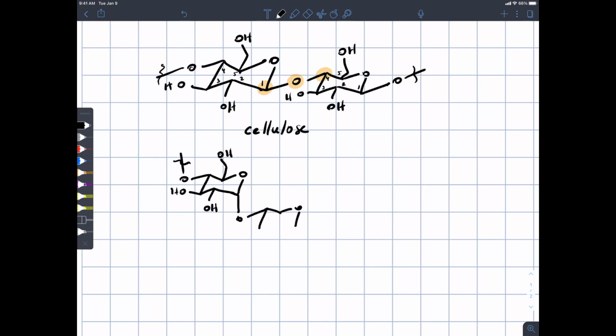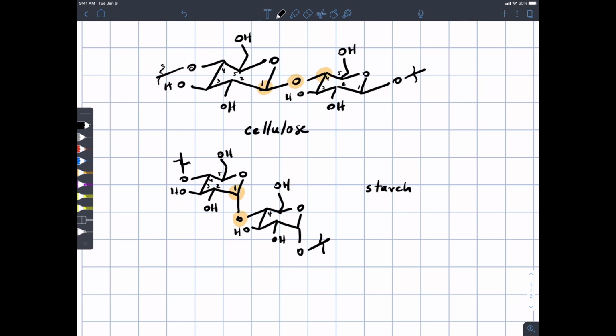Now, instead of being connected through an oxygen that is equatorial with respect to both rings, if we instead make the connection axial on one ring, notice that this OH group is at an axial position relative to carbon 1 of the subunit on the left, whereas the oxygen highlighted in orange is at an equatorial position relative to carbon 4. This is a subunit of starch.